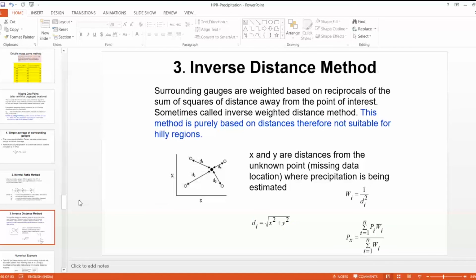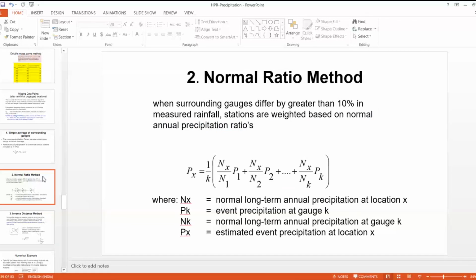The normal ratio method is the accurate one, because here we take the ratio of rainfall to normal annual rainfall at each station, and take the average over the surrounding stations. From that we calculate Px, the missing rainfall at a given station.